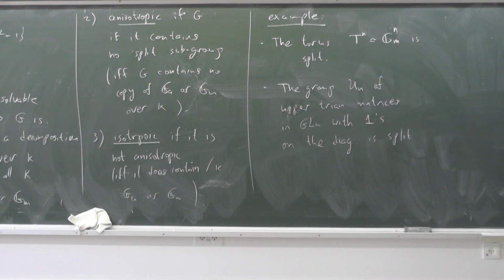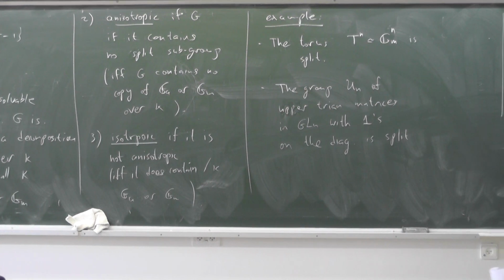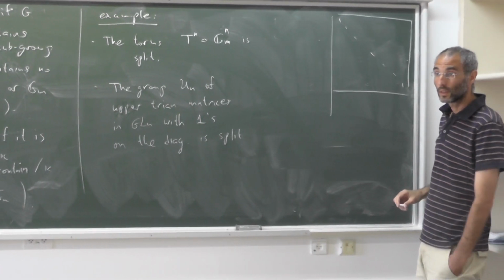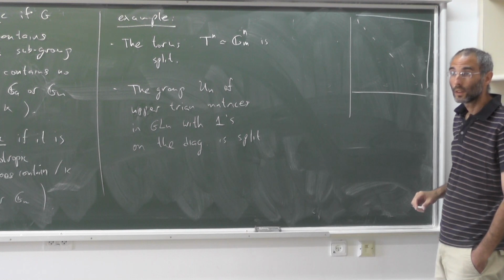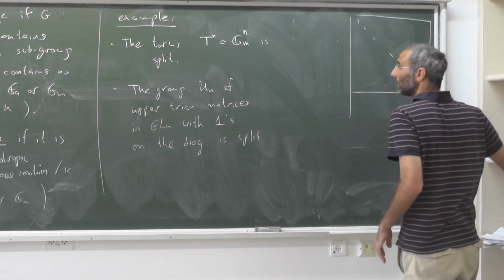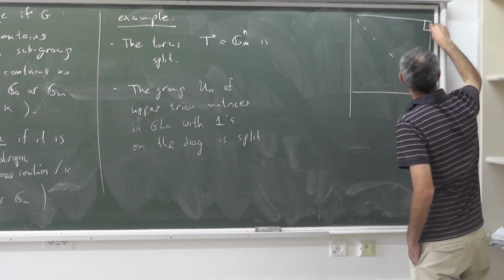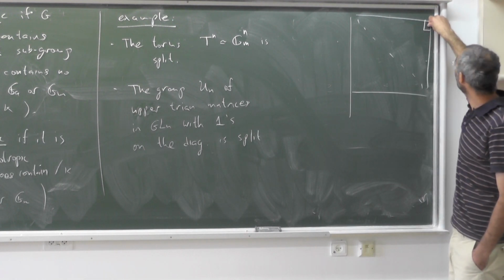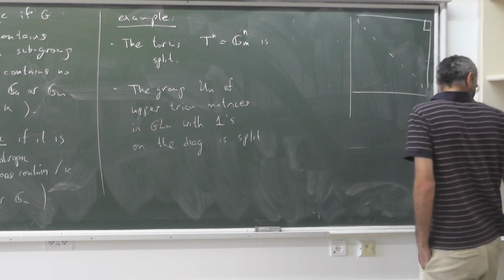Let's see this together. So I have this. It contains a subgroup with a single index. It certainly is isotropic. It contains a subgroup here in the upper left corner, which is a copy of G_a. And if I divide by it, maybe let me look at the next step.